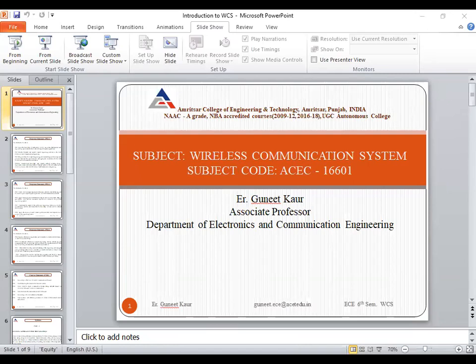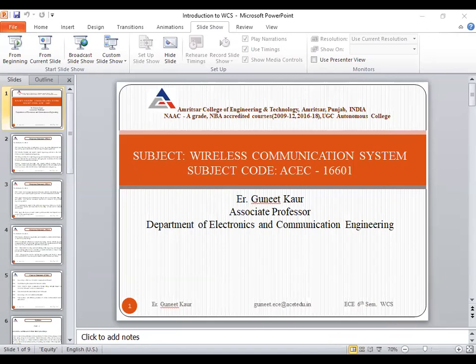Program outcome 7: understand the impact of professional engineering solutions in societal and environmental contexts, and demonstrate the knowledge of and need for sustainable development.